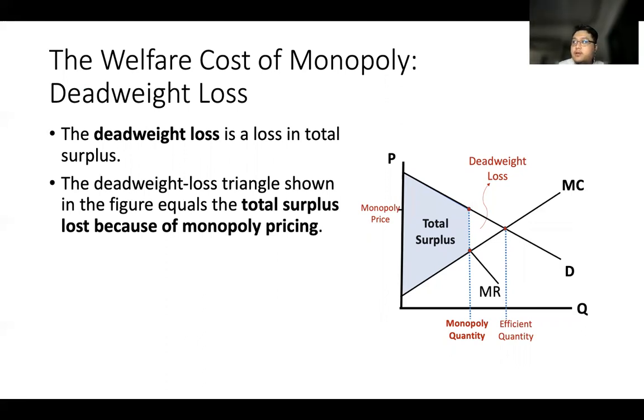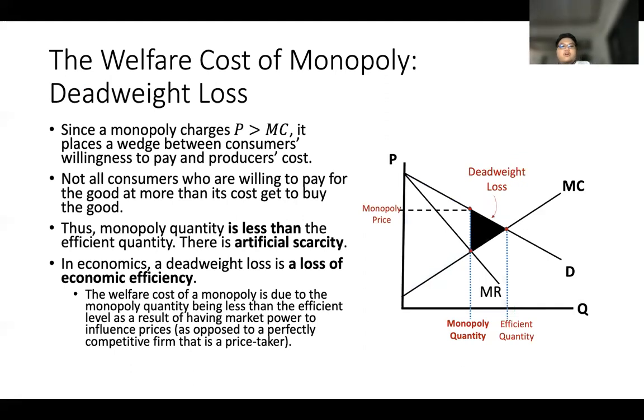We'll discuss this in detail. Since a monopoly charges a price greater than marginal cost, it places a wedge between consumers' willingness to pay and producers' costs. Not all consumers who are willing to pay for the good at more than its cost get to buy the good. So the monopoly quantity is less than the efficient quantity. There is artificial scarcity because of the price increase.